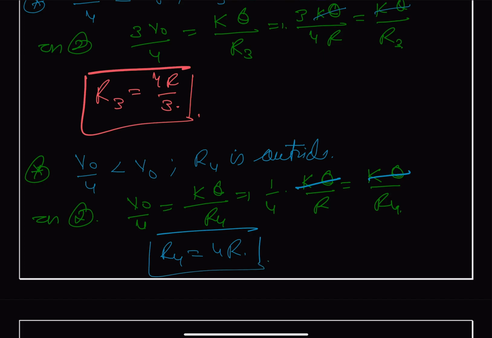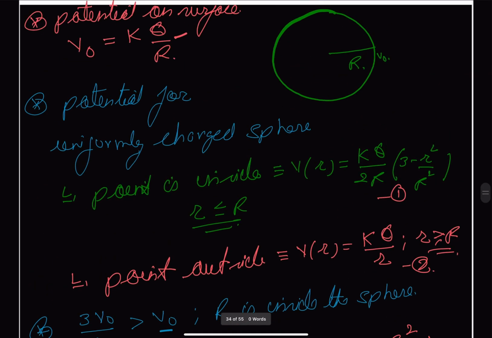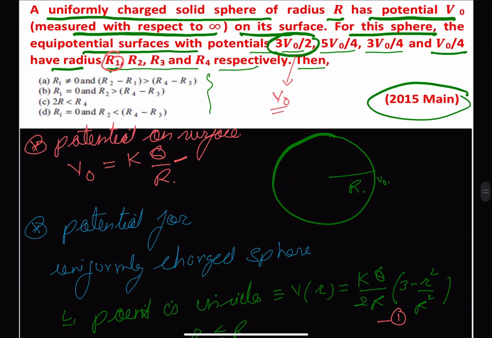Now we can easily compare the relationships. First we get R1 is equal to 0, therefore at least option A cannot be the correct one, because R1 is not equal to 0.